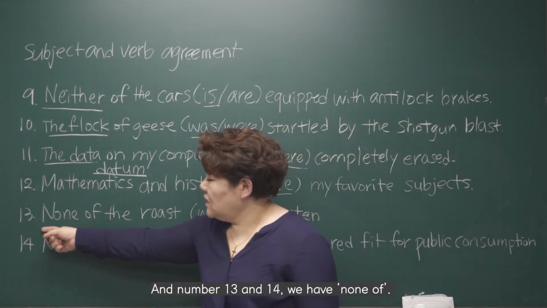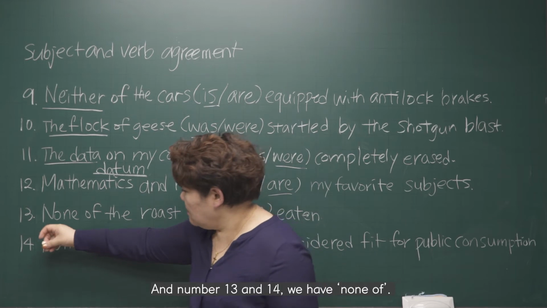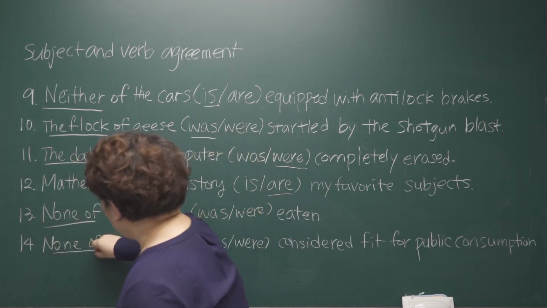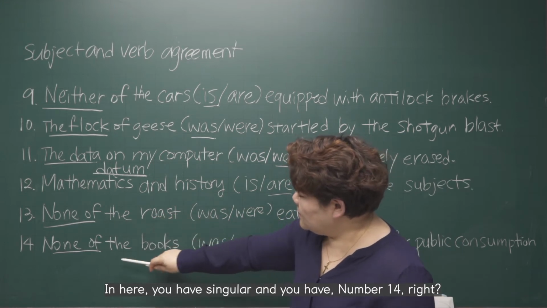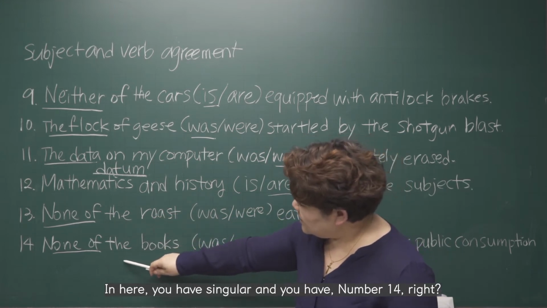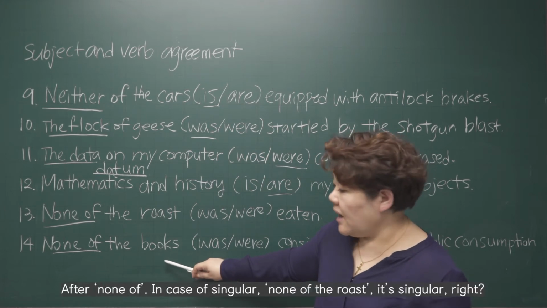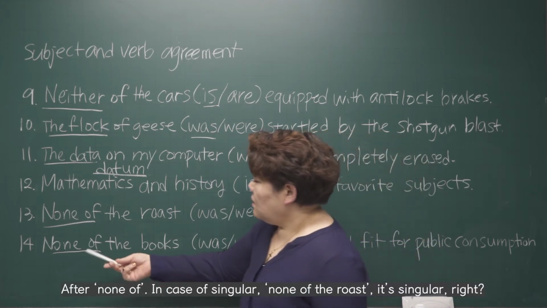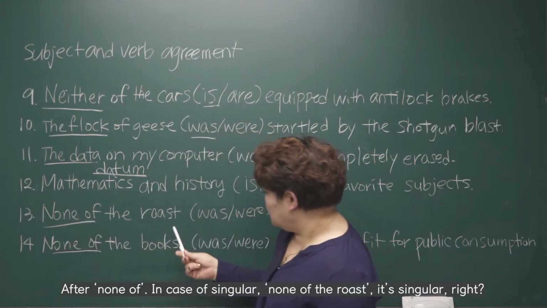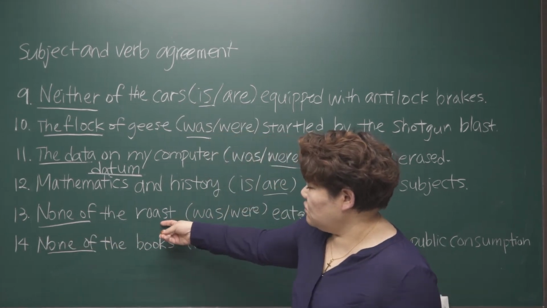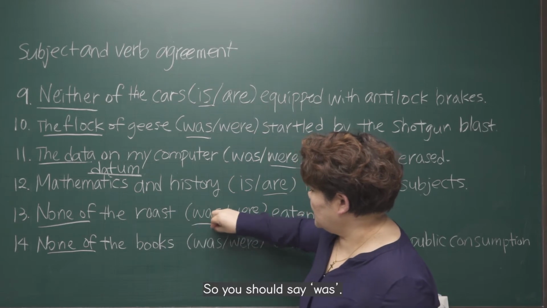And number 13 and 14, we have none of. But here you have singular, and in number 14 you have plural, right? After none of, in case of singular, none of the roast. It is singular, right? So you should say was.